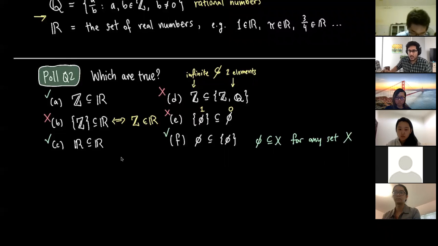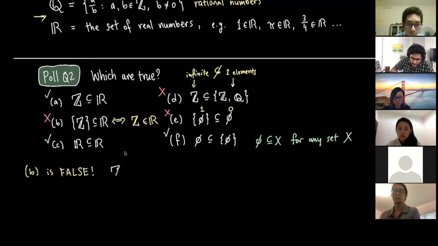Okay. How come B is false? B is false. It's true that the set of integers... okay, well, let's see what happens, right? Suppose that it was true.